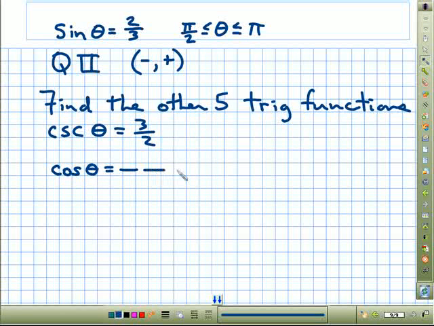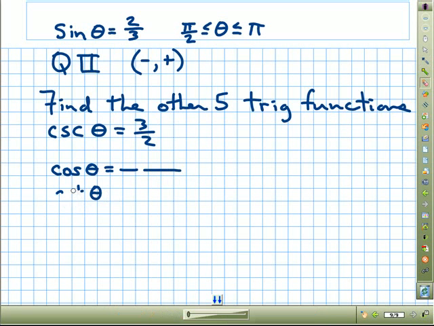Negative, right? So I'm just going to establish the signs first because we know it's in quadrant 2. Now, what about the cotangent? I mean the tangent, I'm sorry. What would be the sign? That's right, it's going to be negative. Does everybody see why it would be negative?